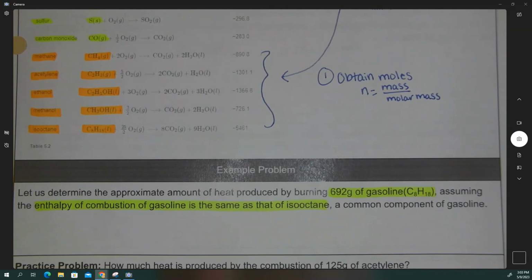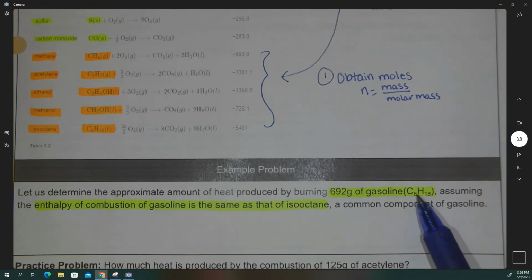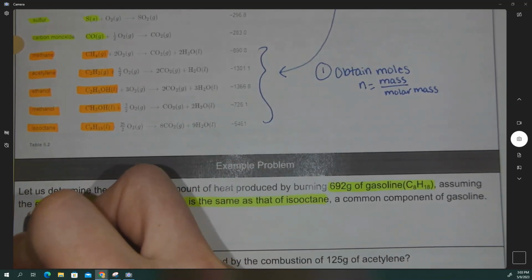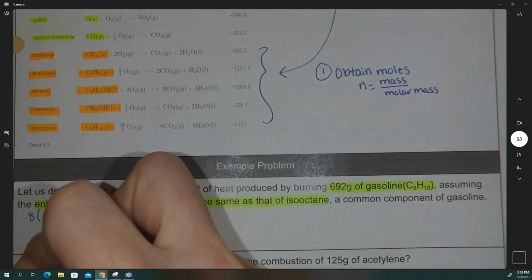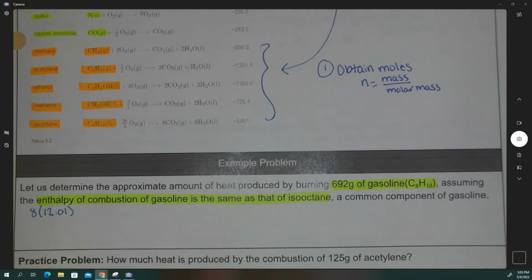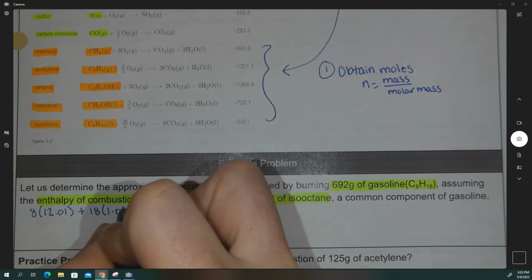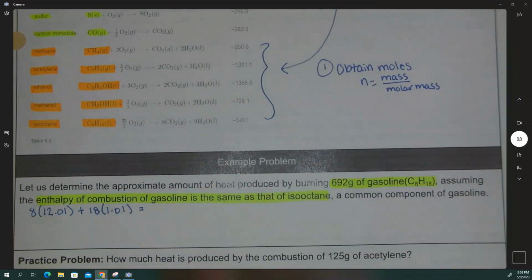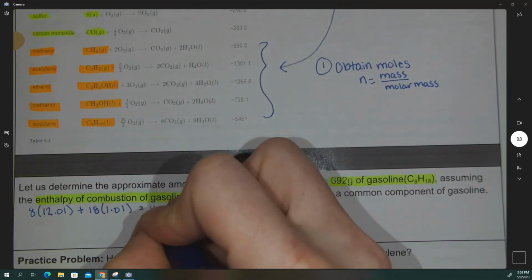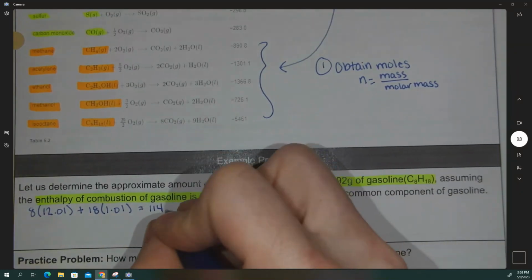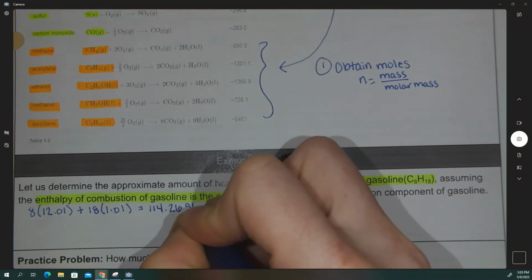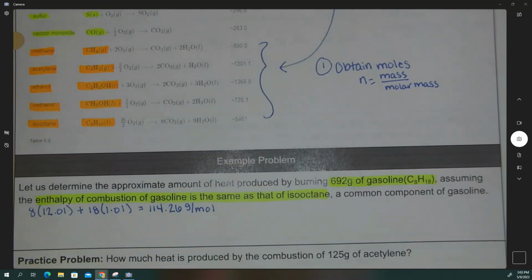As a reminder, how we find molar mass, we look up each individual element on the periodic table and we multiply it times its subscript and then add our numbers together. So we've got 8 times 12.01, which is our molar mass of carbon, plus 18 times 1.01, which is our molar mass of hydrogen. When I add those up, I end up getting 114.26 grams per mole.